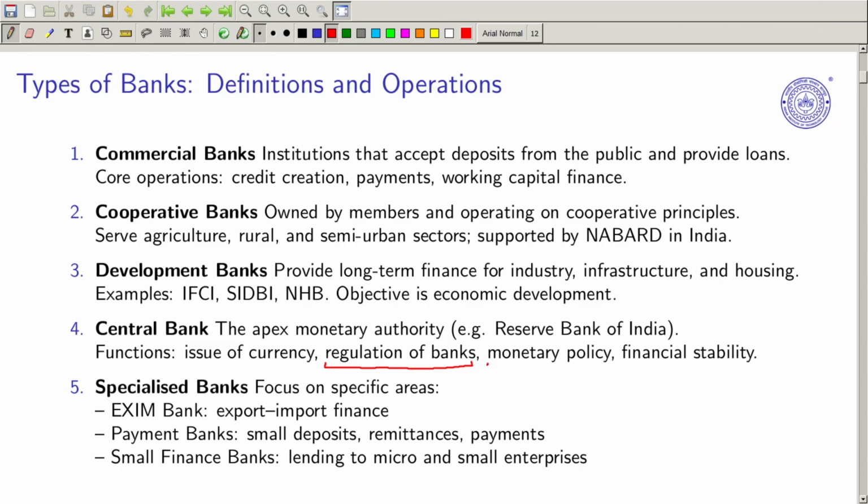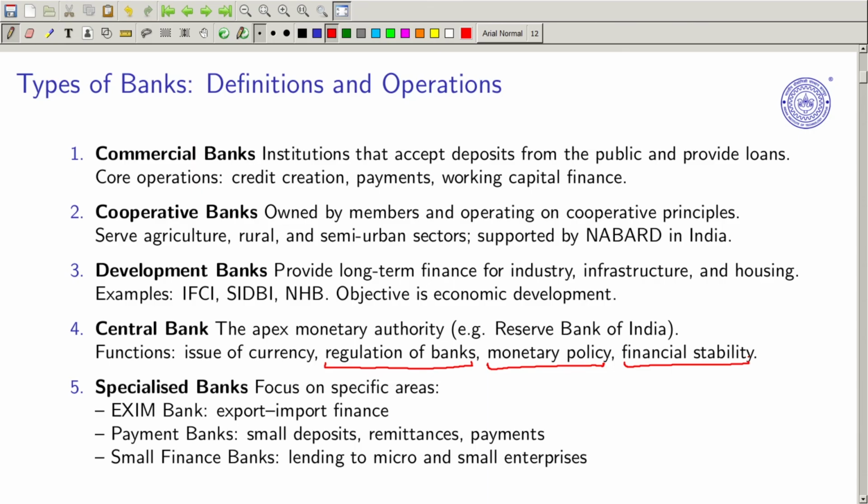Then their objective is price stability, which they do through monetary policy. Then we have financial stability, which is related to how the prudential norms are designed, and in case of any shock that comes to the banking sector, how the financial stability issue can be tackled.